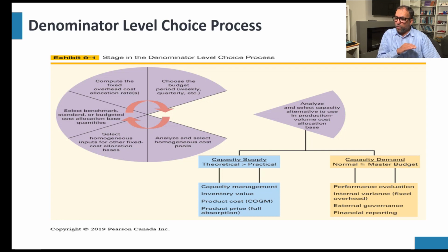This is the way we can evaluate performance and also internal variances to find out where the variance is, and for external governance and financial reporting. So these two capacities are related to this issue, and these two capacities are related to that issue.